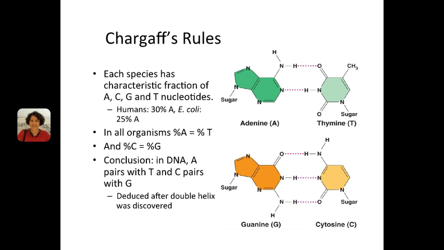So that would be 100% minus 60%, leaving 40% for G plus C. And that would give us 20% each for G and 20% for C.